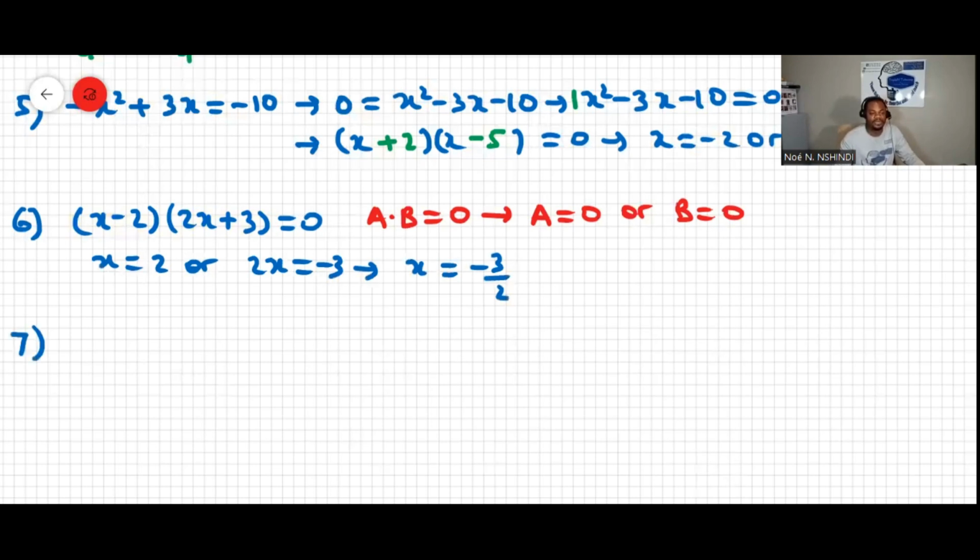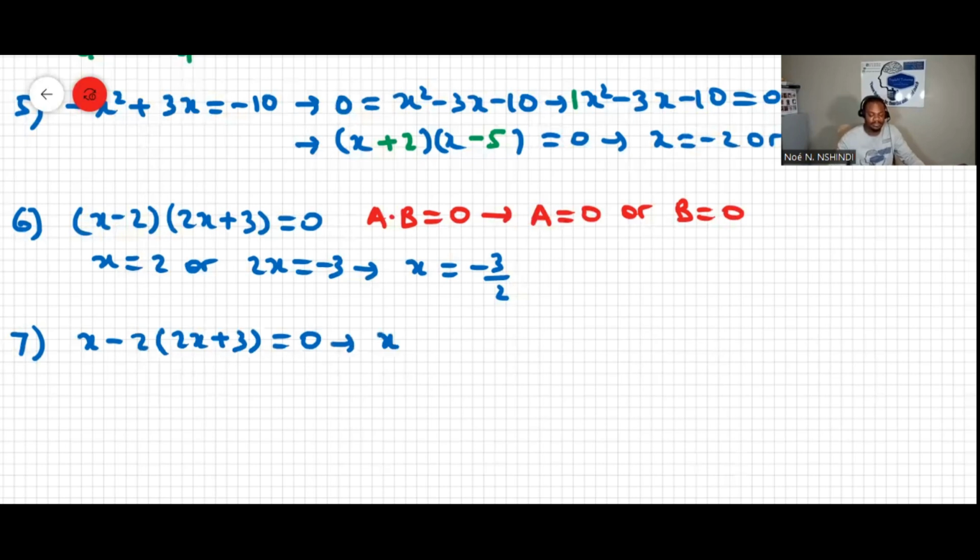And then we can do question 7. In question 7, we have x minus 2, open bracket, 2x plus 3 equals 0. Here, this is not the case where we can apply this property, because x and this bracket do not form a product. These are two different terms. So in this case, we are going to expand.